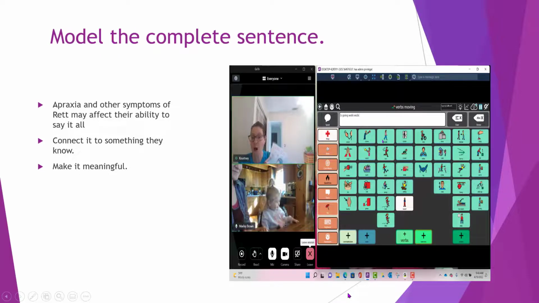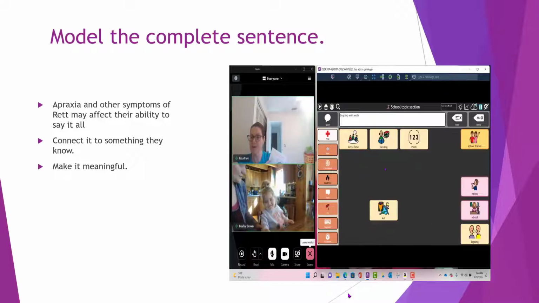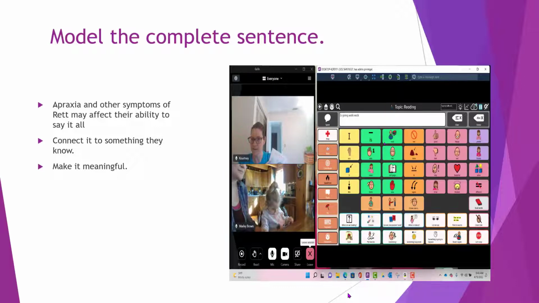It's a slow walk. Uh-oh, I'm going to go into my reading pages, Miss Marley. I'm going to go to my topics. I know. And I'm going to go to my school pages. And I'm going to go up here to my reading words. And I'm going to go, she says, when I think something is going to happen.